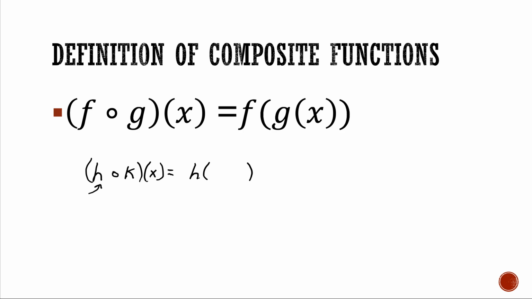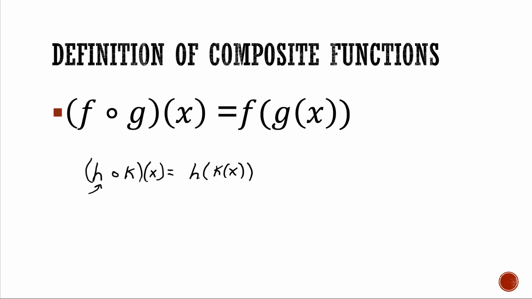And then I'm going to take whatever's left, which would be this k of x, and I'm going to put it inside this parenthesis that I left. And so now I have the definition for h composed with k.